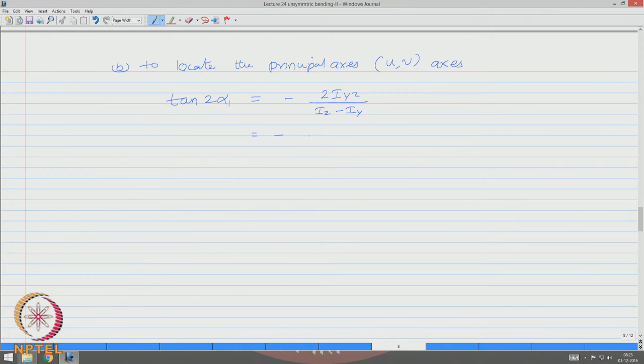Substituting, we get 2 of 3.92 × 10⁶ by 9.684 minus 2.824 of 10⁶, which gives me minus 1.143, which now tells me 2 alpha 1 is 125.28 degrees, or alpha 1 is 62.64 degrees.